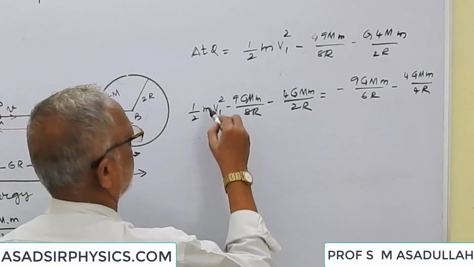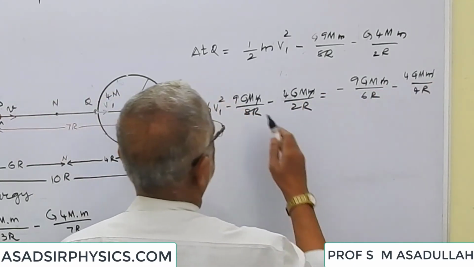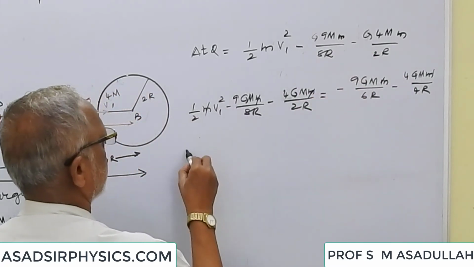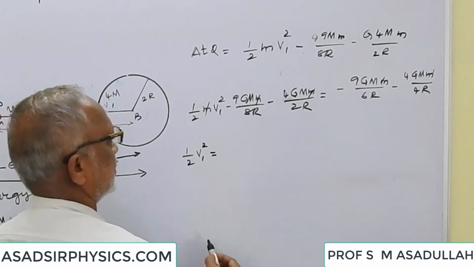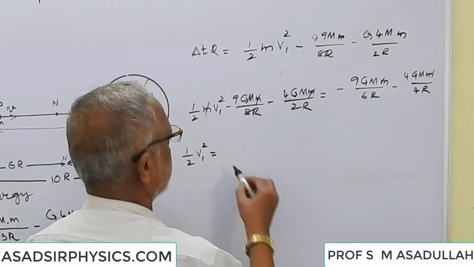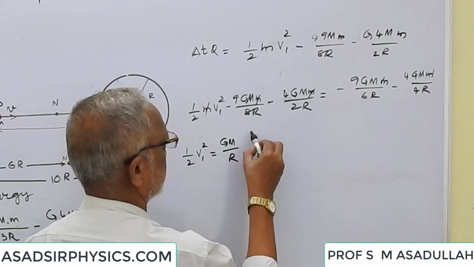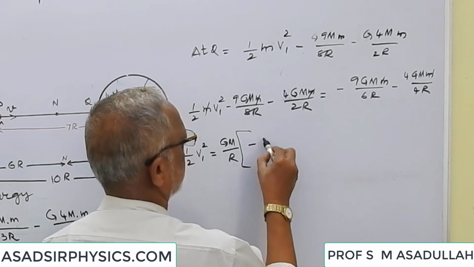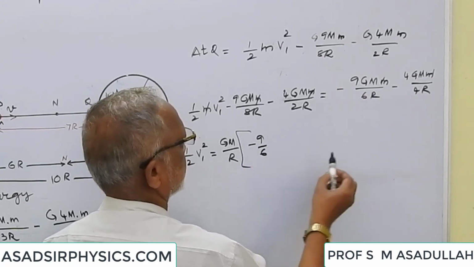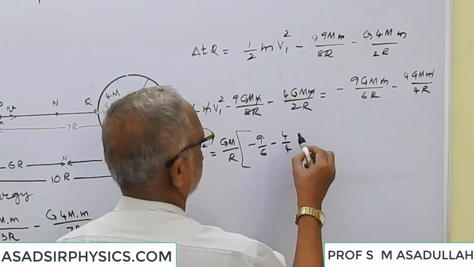You can cancel m throughout and send these two terms to the other side. So half v1 square is equal to, we can take GM by r common, bracket. This is the first term, minus 9 by 6. This is the second term, minus 4 by 4.